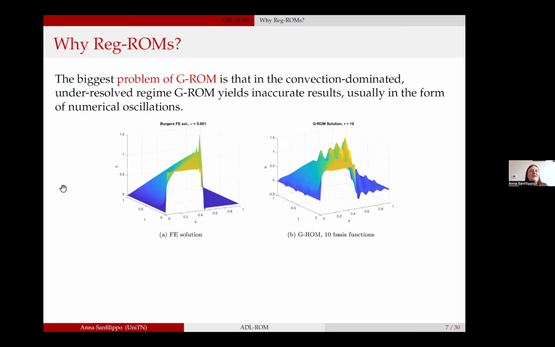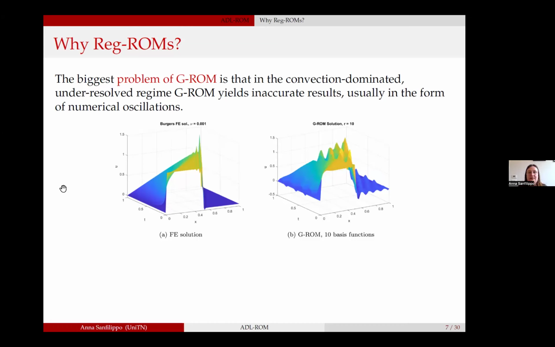The problem is that in the convection-dominated, so turbulent flows, under-resolved regime, so few basis functions, G-ROM usually yields inaccurate results, in general in the form of spurious numerical oscillations.